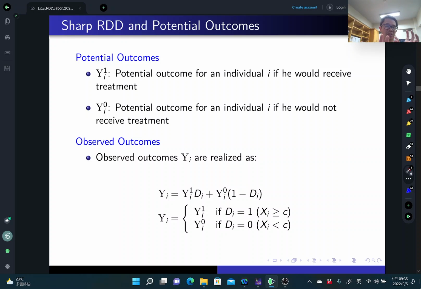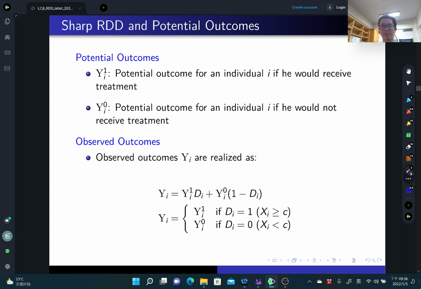The observed outcome again depends on whether you get the treatment or not. If you get the treatment, Y1 will be realized. And if not, Y0 will be realized. So just one of them will be realized. In this RD design, if you are above the cutoff, you get the treatment, so Y1 is realized. If you are just below the cutoff, Y0 will be realized.